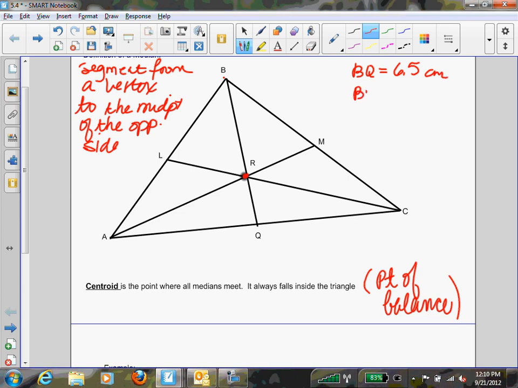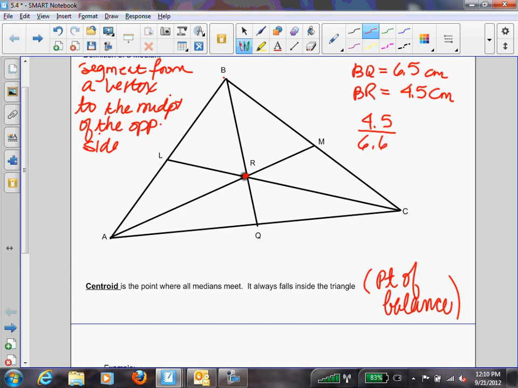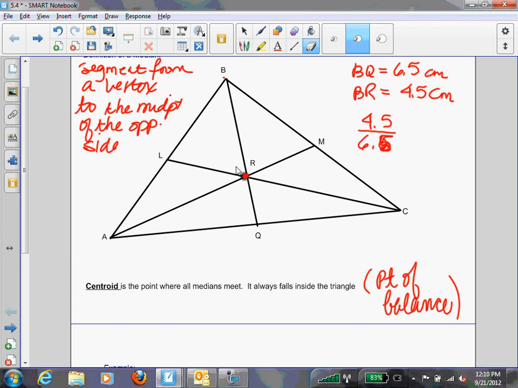And BR is what? 4.5 centimeters. Let's see if this works. Would you please get your calculator out and tell me what 4.5 over 6.5 is? Yeah, this isn't working out.